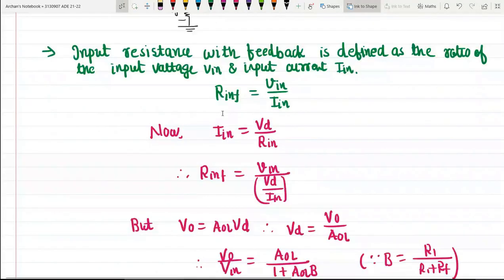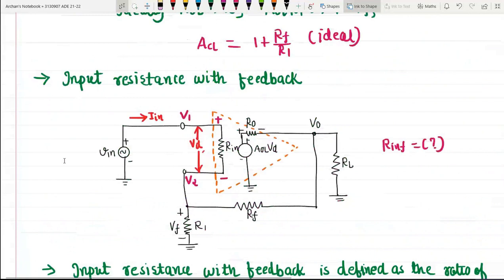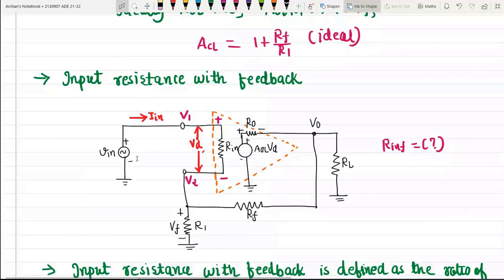I'm talking about this source, which is my independent source and needs to be replaced by a short circuit. So now the potential at V1 will be equal to 0, and this is my dependent source. We will keep this dependent source as it is, and then apply some voltage V0 to the circuit, which will force some current I0 into the circuit.